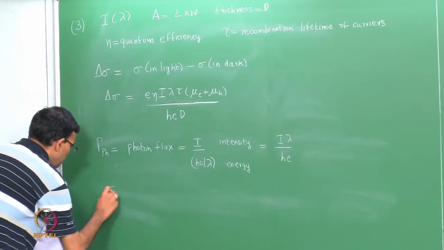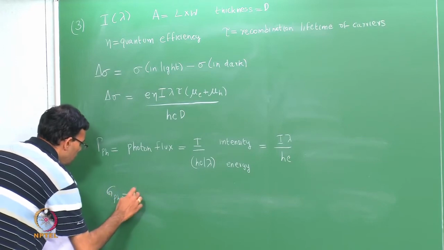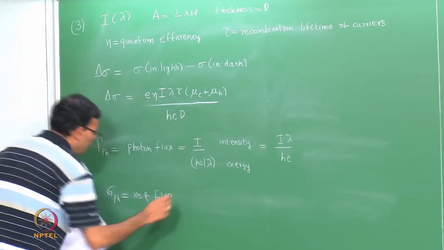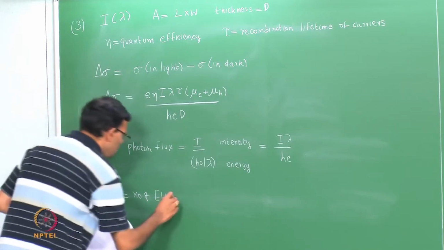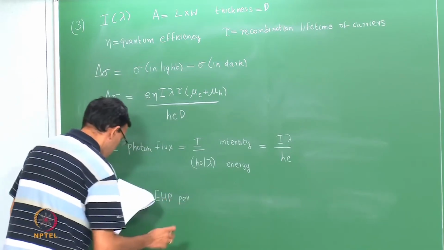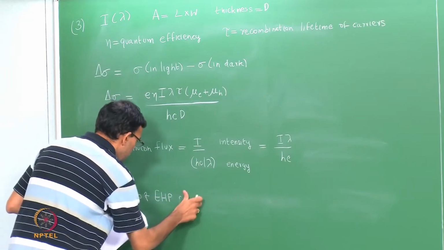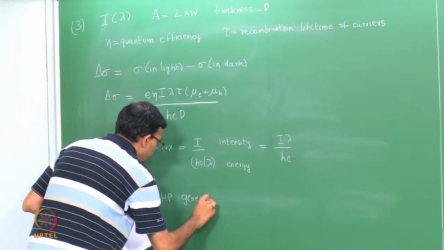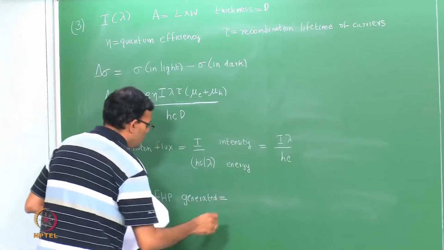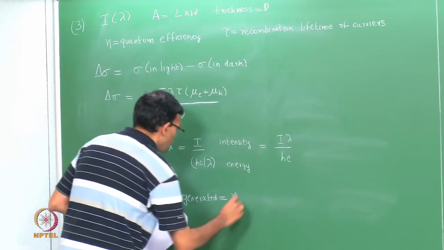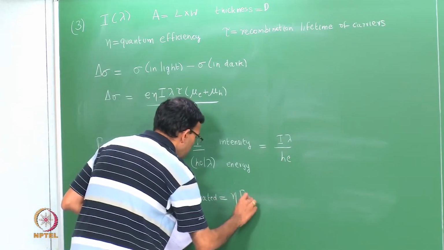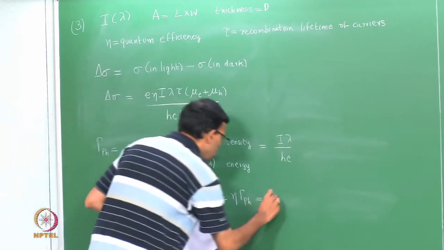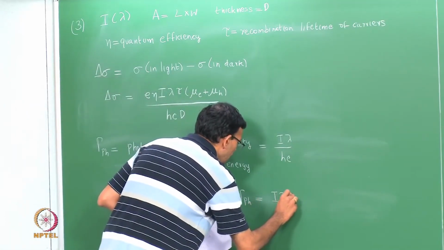So, G ph, which is the number of electron hole pairs generated, is nothing but eta, the quantum efficiency, times phi ph. So, this is I lambda eta over hc.